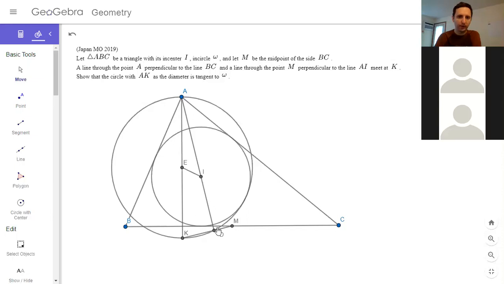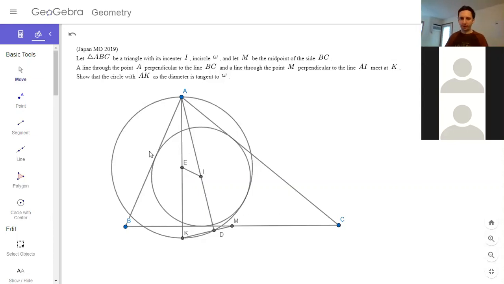So we have AI times ID is EI squared minus AE squared. Yeah, I'm kind of thinking about this algebraically.